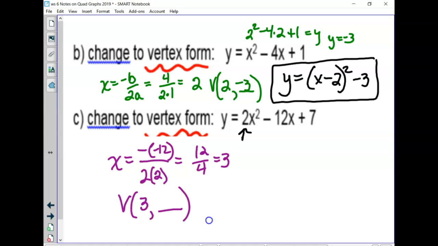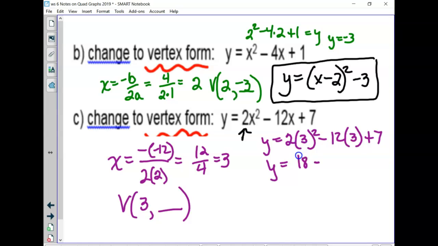How can we always find the y value? Plug in the 3, so we'll get y equals 2 times 3 squared minus 12 times 3 plus 7. You can use your calculator. 18 minus 36 plus 7 is negative 18 plus 7 is negative 11.